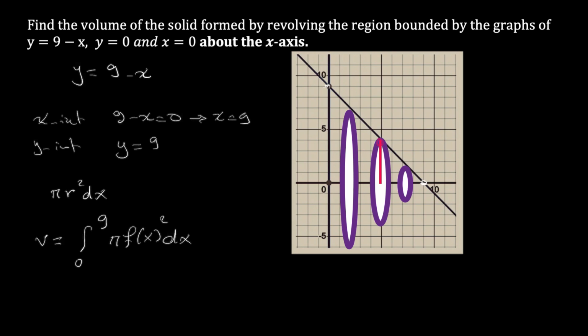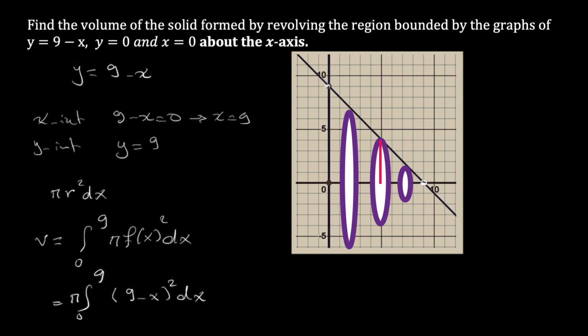This represents the volume of the region they are asking for, which means that this is going to be equal to the integral from 0 to 9. Let's put pi outside and replace f of x by 9 minus x, which is the y that we have at the top. So it's equal to pi times the integral of 9 minus x squared dx, and then we can find this integration and we get the volume.